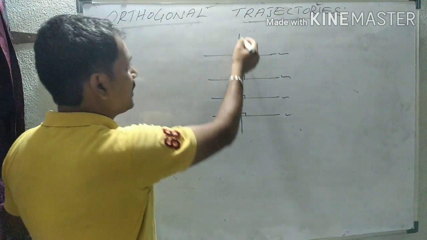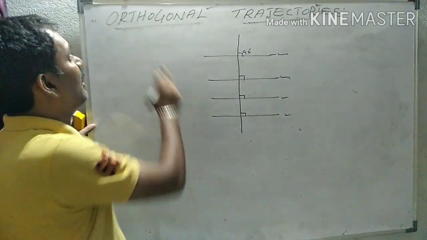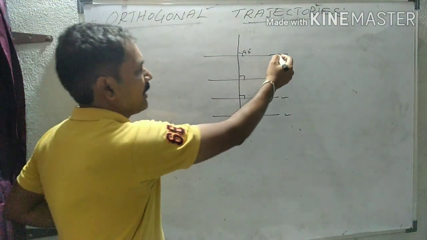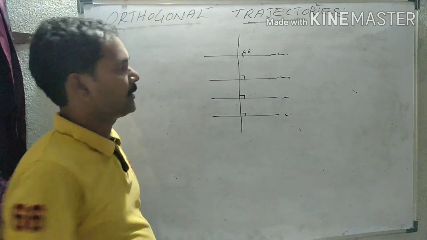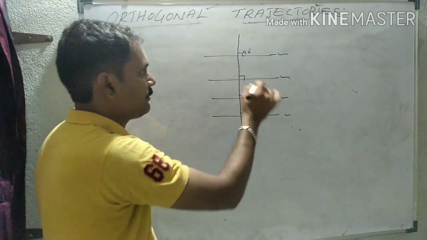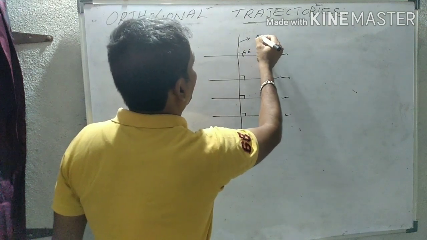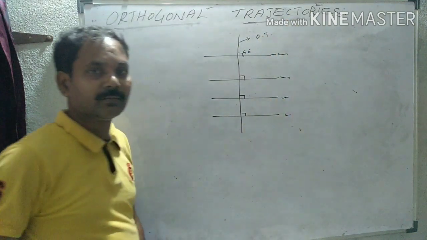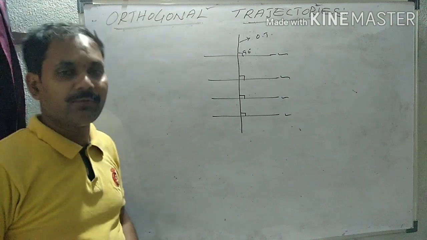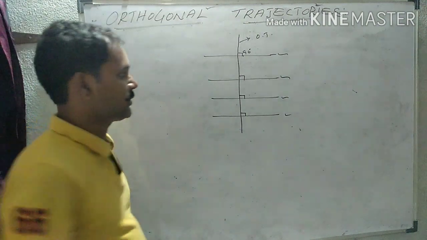So that means the line is orthogonal to every curve, so the line is called orthogonal trajectory. This is the very small definition for orthogonal trajectory.